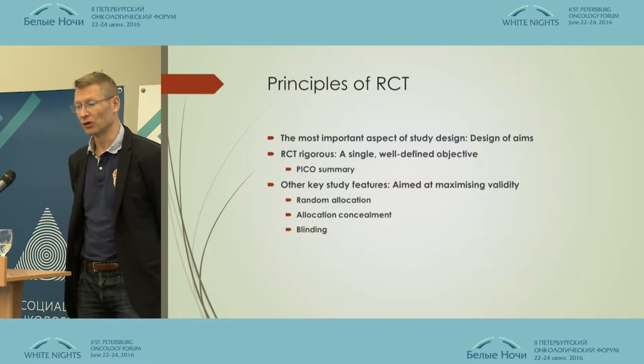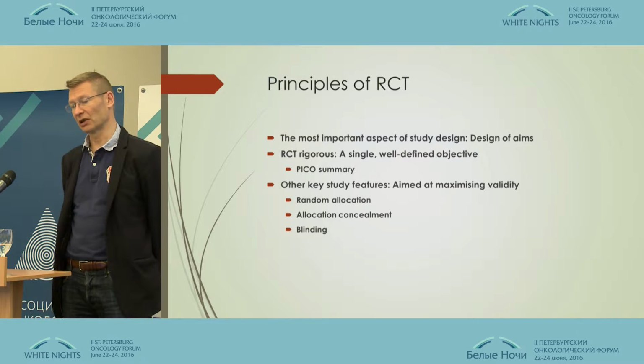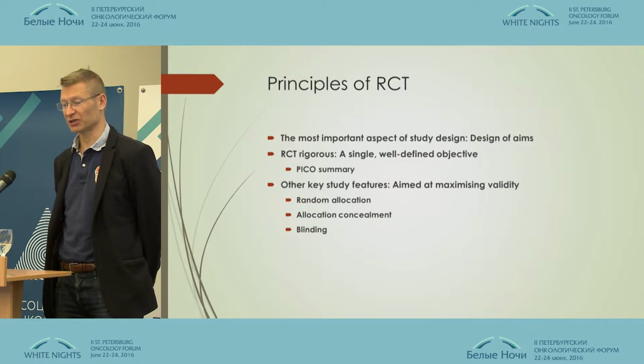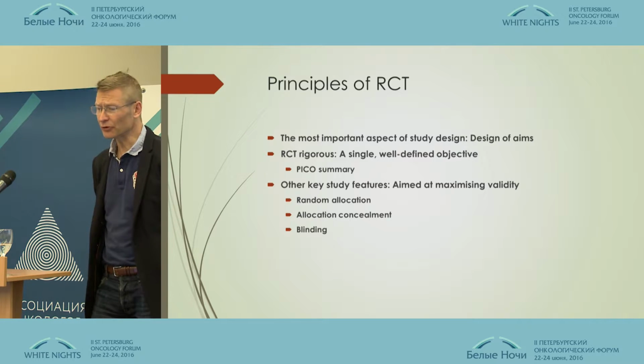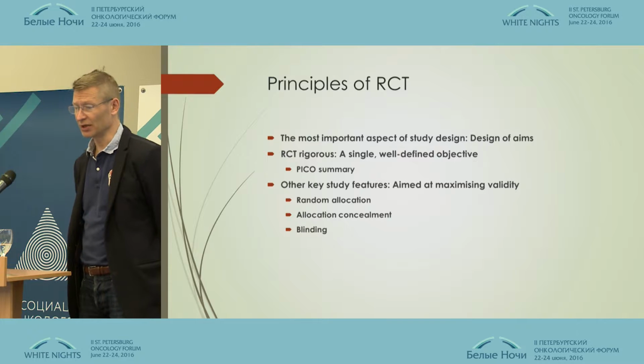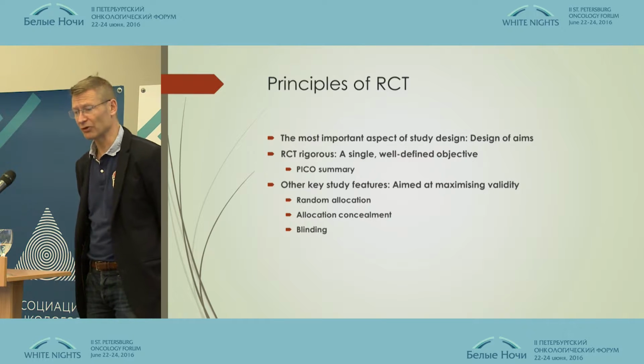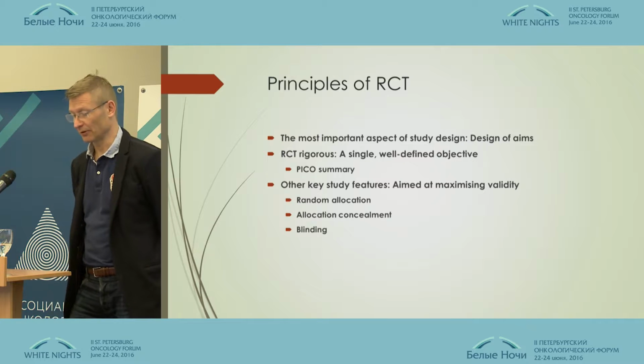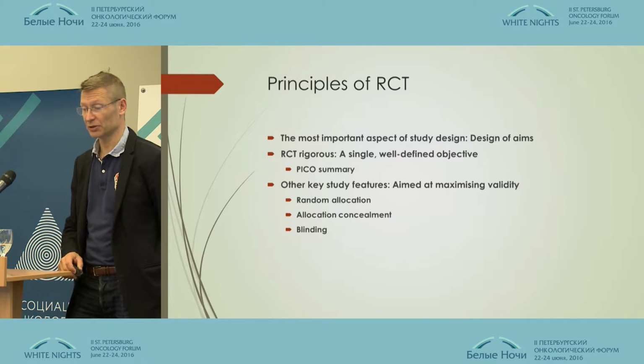And the PICO way of summarizing it can be used also for randomized study. The other key features besides the aim are, as I already mentioned, random allocation, allocation concealment, and blinding, which will be covered in some detail during this talk.